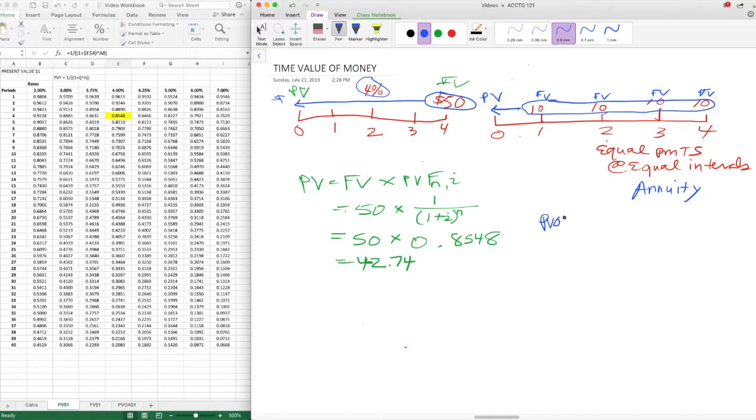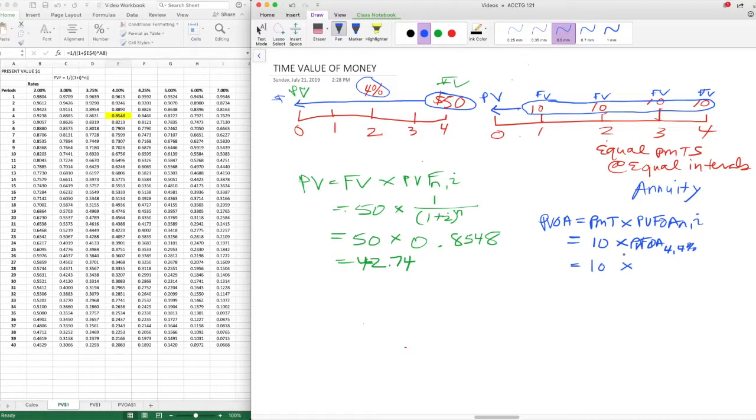So the present value of an annuity is equal to the payment, or the amount, times the present value factor for an annuity, just like we looked at before. So in our case here, we are going to get a $10 payment at the end of the next 4 years. So we need the present value factor for an ordinary annuity for 4 periods at 4% interest.